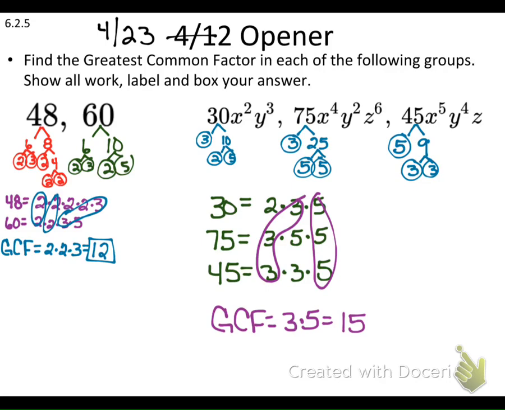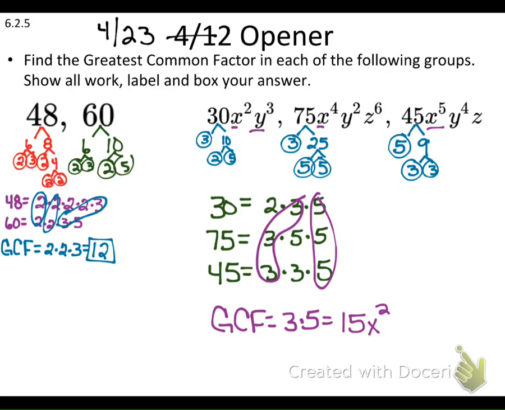Now here's the fun part. This is the part I like. We come back and we look at our variables. Do they all have an x? Yes. So we're going to pick the x with what, the greatest exponent or the smallest exponent? Smallest. So what's the x with the smallest exponent? x squared. Then we go to our next variable.